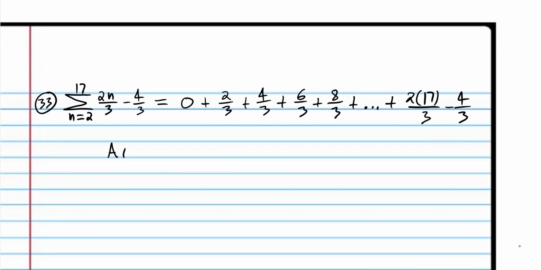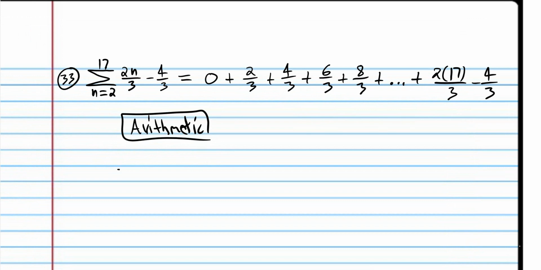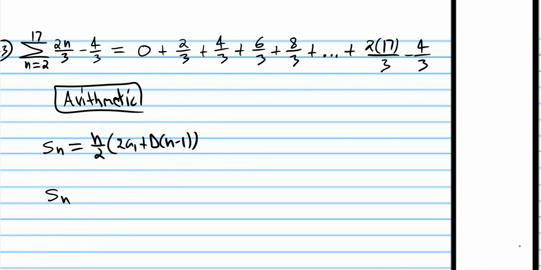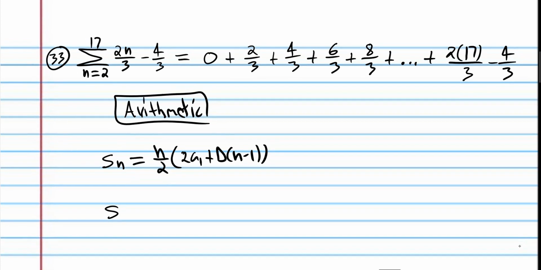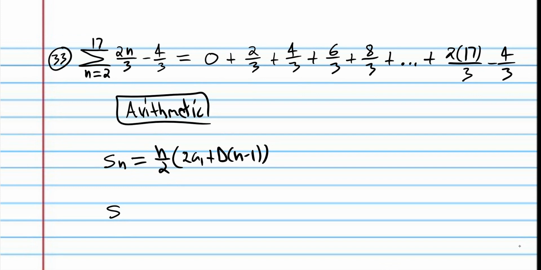So we can see that this is arithmetic, and we use our formula. And the question is, what is n going to be equal to? Well, we're considering 0 to be the first term. And if n were 1 in the lower bound, there'd be 17 terms. But because it's 2, there's going to be 16 terms.